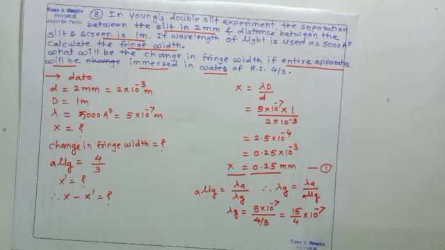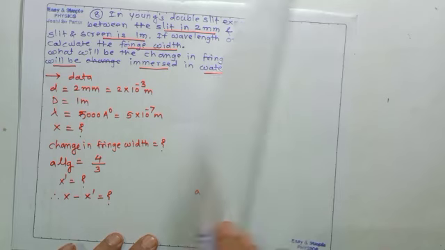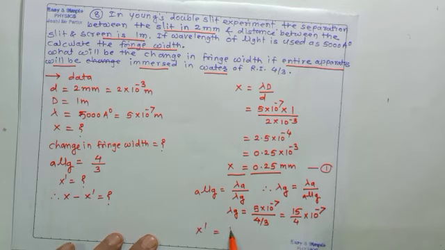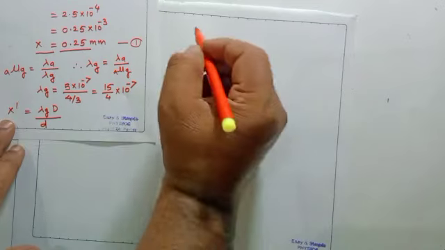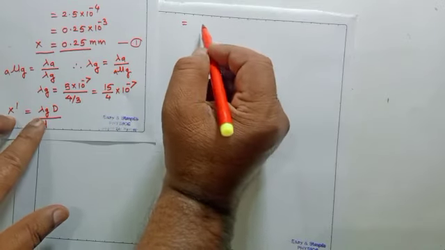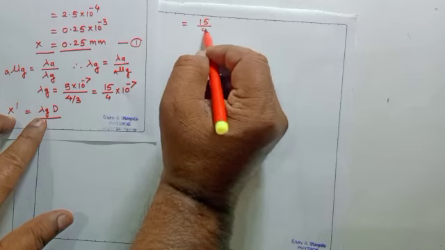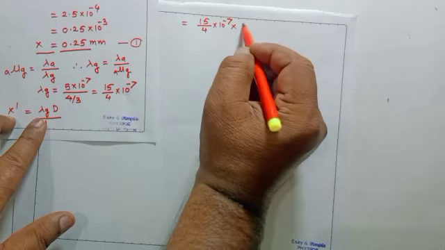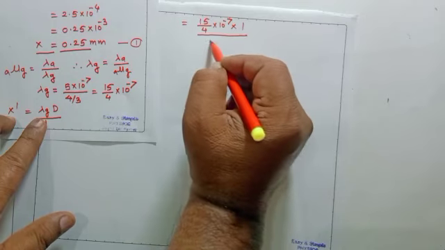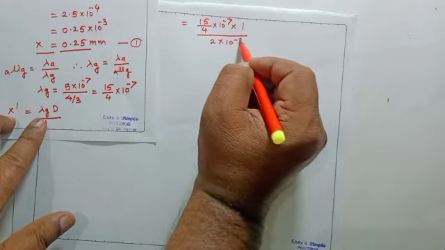So we can find x dash, which is equal to lambda g capital D upon small d. Using this formula, lambda g is 15/4 into 10 to the power minus 7 multiplied by 1 divided by 2 into 10 to the power minus 3.